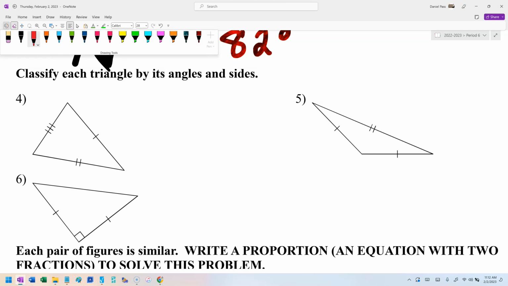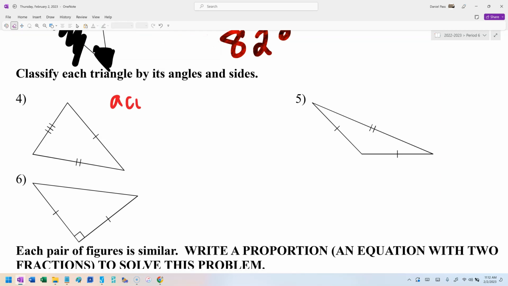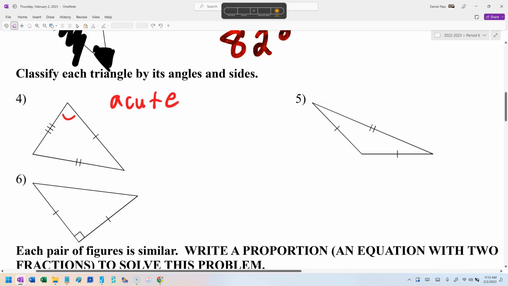For number 4, it's acute. Sorry, I couldn't hear you from back here. It's acute because all of these angles are less than 90. See, the biggest one is here, and it's less than that L. You see it? Yeah, we totally see it. Okay, next one.